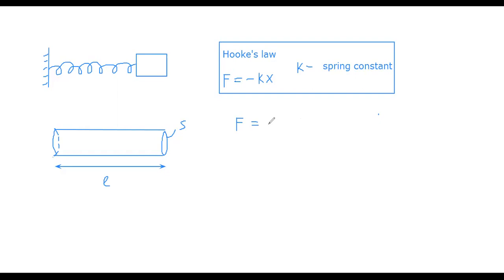We can write this like this: F equals k delta L. And we can write this in this way: k L, modulus delta L, divided by length L.